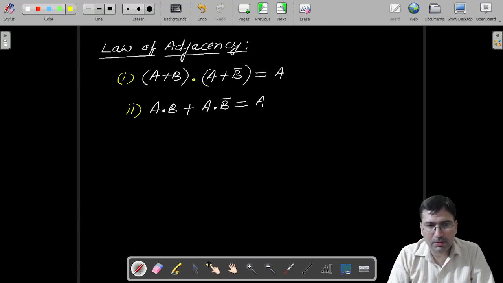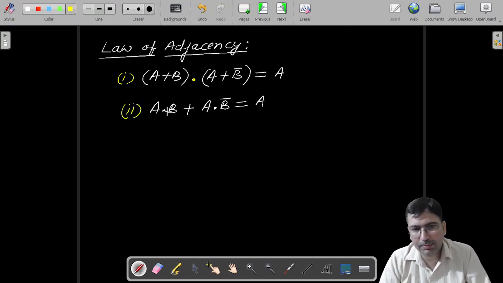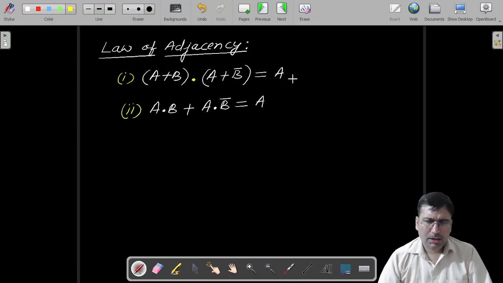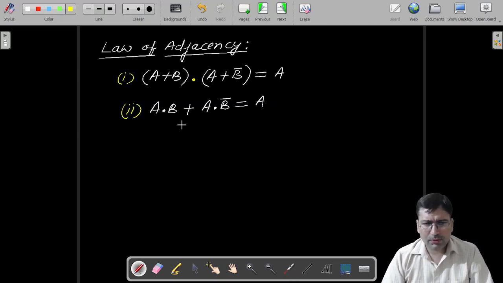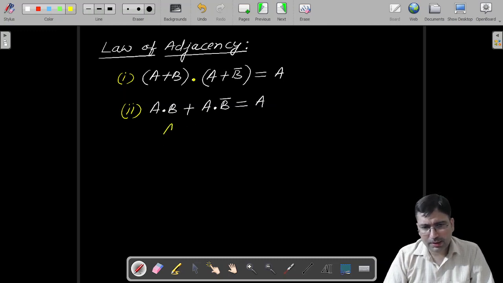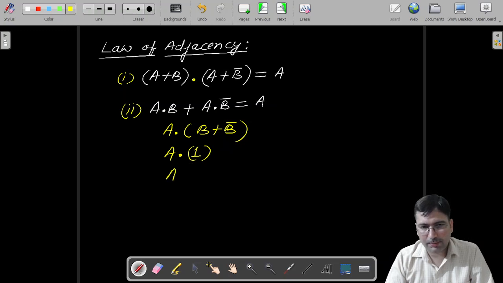There's another part: if it is (A and B) or (A and B bar), then also we can write it as A. So how can we prove it? If I go for the proof of the second one, it is very easy. I can write this as A and (B or B bar). So this B or B bar will become 1, so we can write A AND 1. It will give us A only, right?